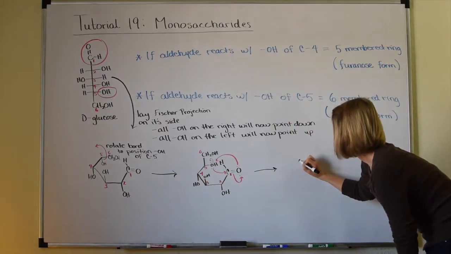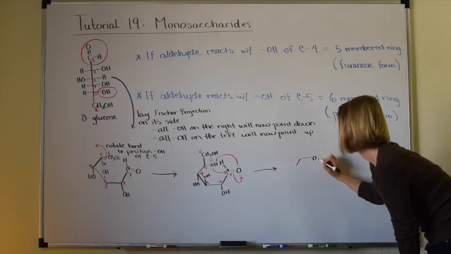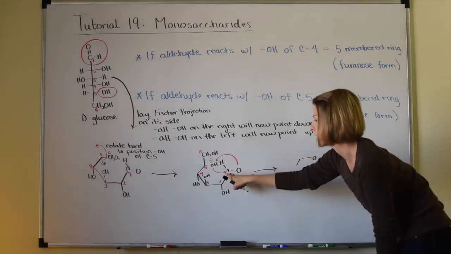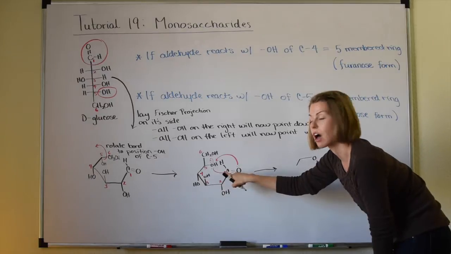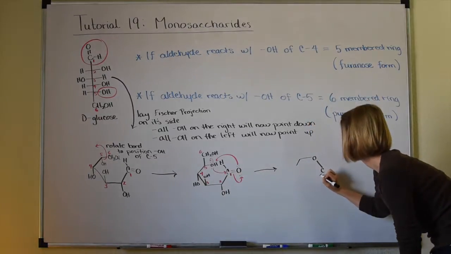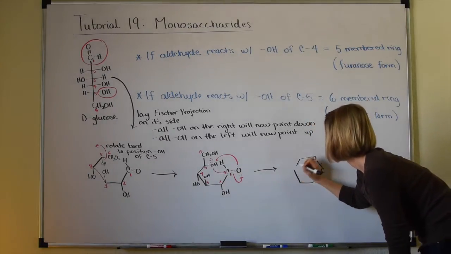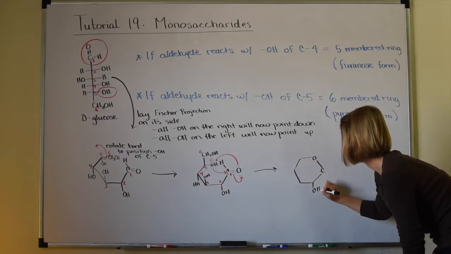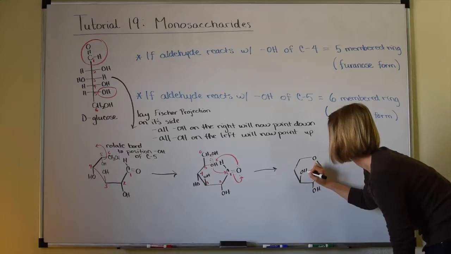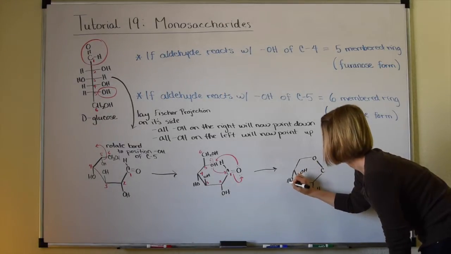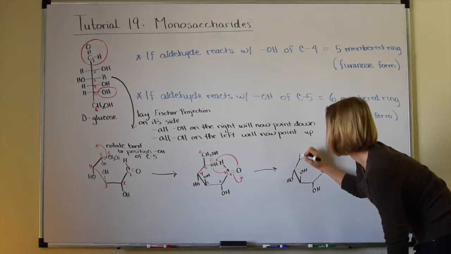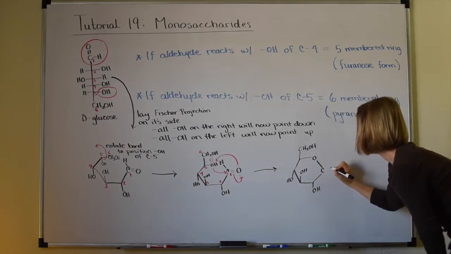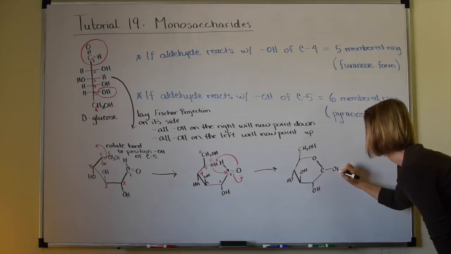Our final product, I'm going to go ahead and write out the C here, just so we keep tabs of this carbon. Connect those there. Okay. This OH goes down, up, down. I'm just copying that right over from here. This CH2OH is pointing up. And then we have an OH here.